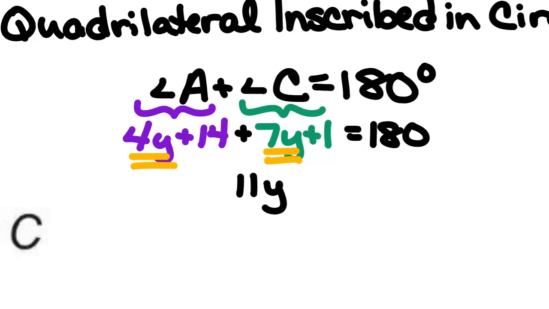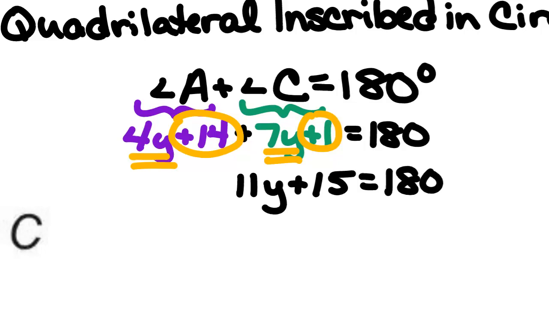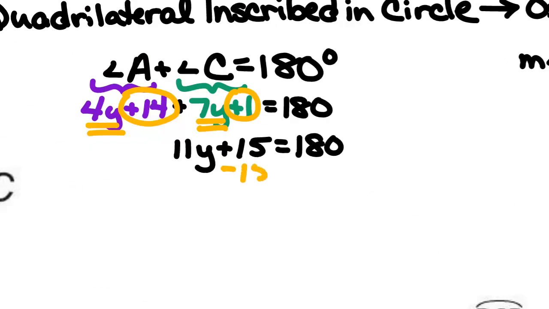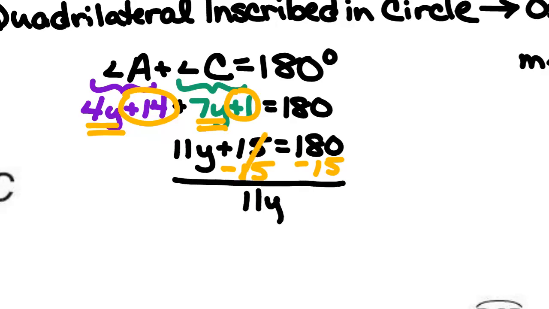And then we have 14 and 1 that combines to give me 15. Equals 180. And so then I'm going to subtract 15 from both sides. You said 165? All right, so 11y equals 165. Then I'm going to divide both sides by 11, and we get 15 for y.